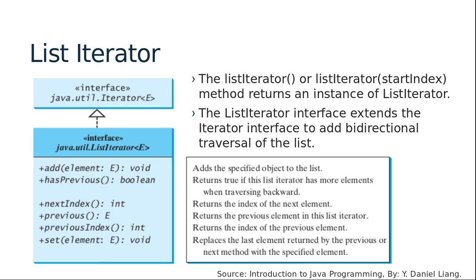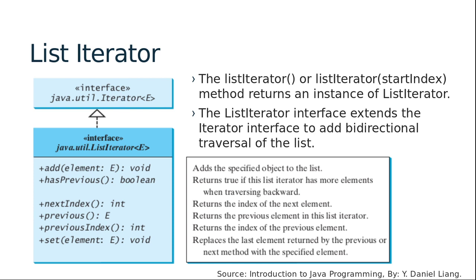So listIterator is again an interface which defines a few extra iteration methods. It already extends the iterator interface, so it has all those default methods like hasNext, next, and remove.